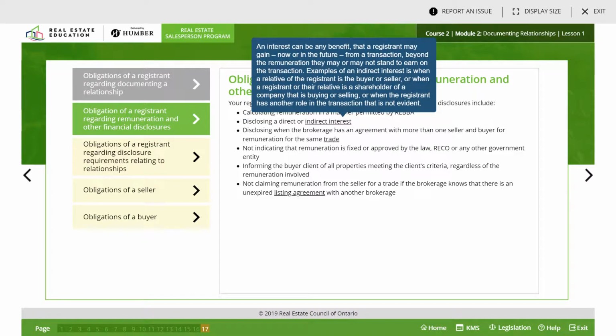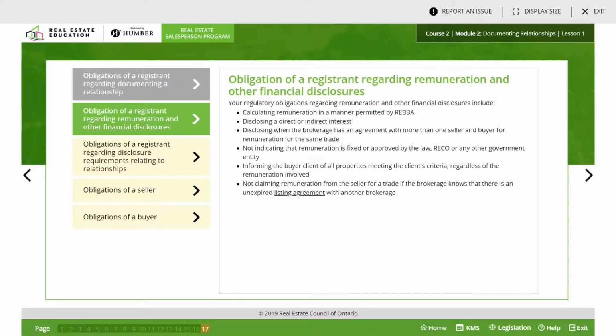An interest can be any benefit that a registrant may gain now or in the future from a transaction beyond the remuneration that they may or may not stand to earn on the transaction. Examples of an indirect interest is when a relative of the registrant is the buyer or seller, or when a registrant or their relative is a shareholder of the company that is buying or selling. Makes sense.